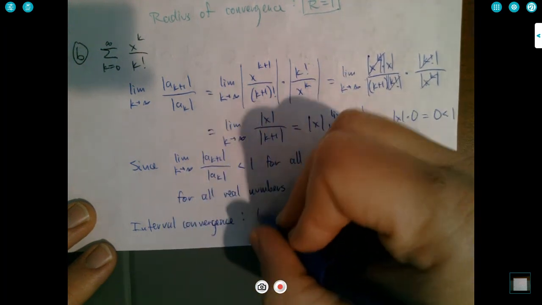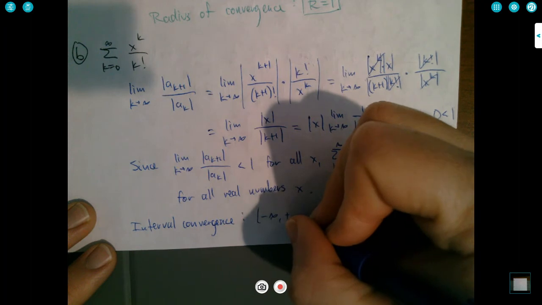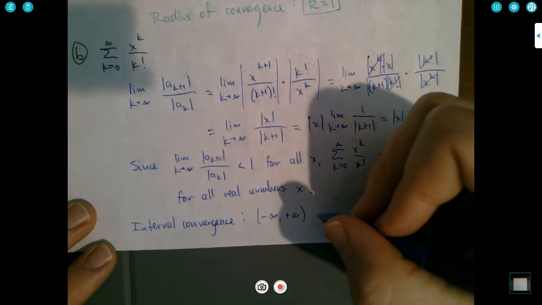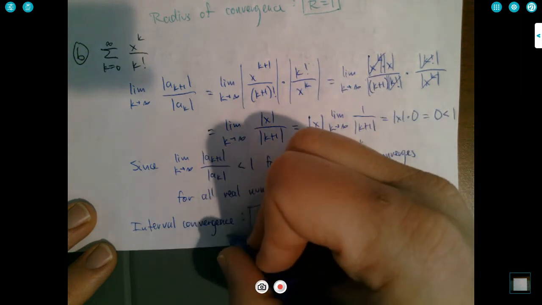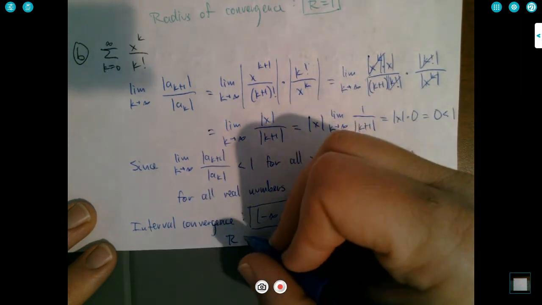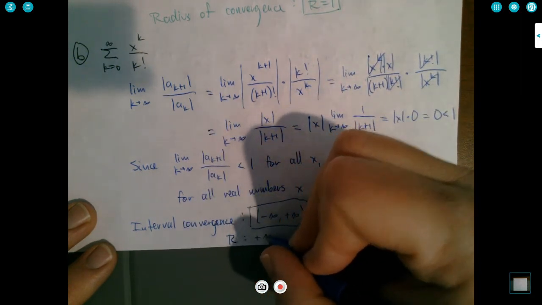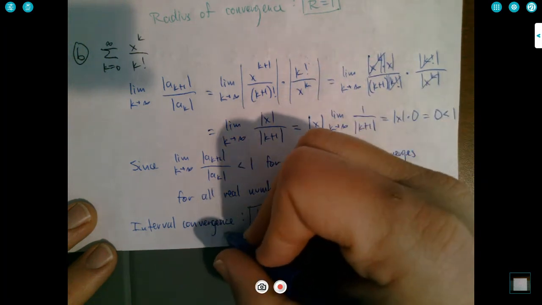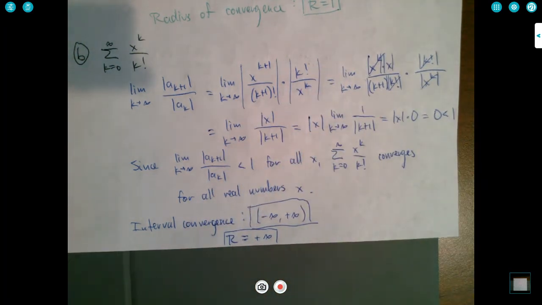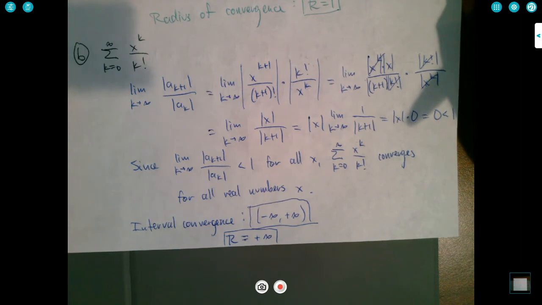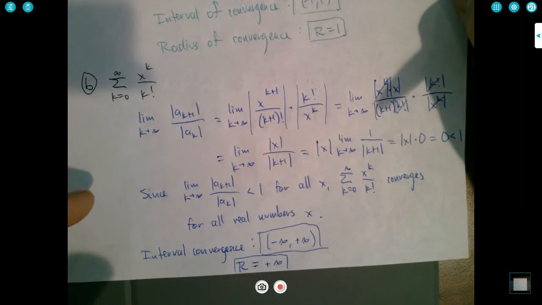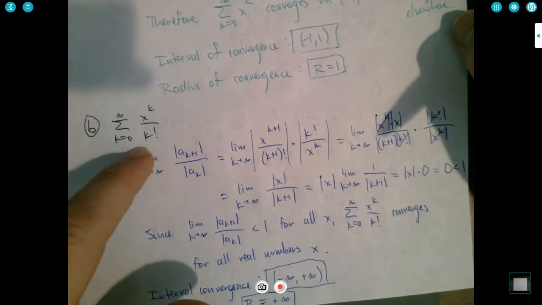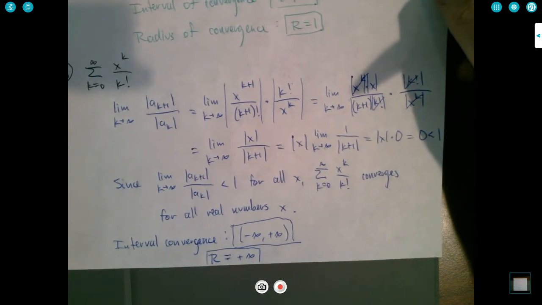So the interval of convergence is negative infinity to positive infinity, and the radius of convergence is positive infinity, right? So R equals positive infinity, we'll say. All right, so there's the interval and radius of convergence for this series. Okay, so all reals.